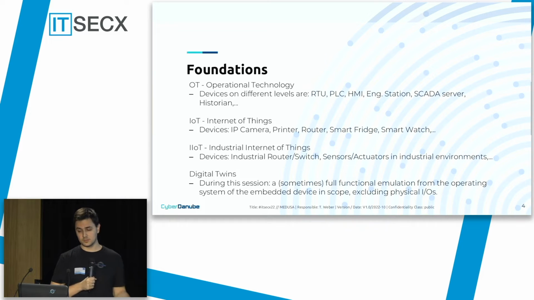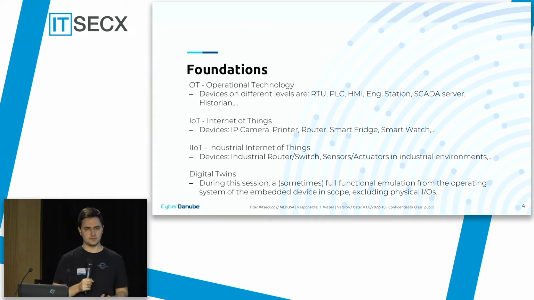And another really, really important term is digital twins. For digital twins, there are different definitions. You have a lot of digital twins which are just twinning your physical environment. If some physical process has been mapped to a digital twin, you just see how it works.